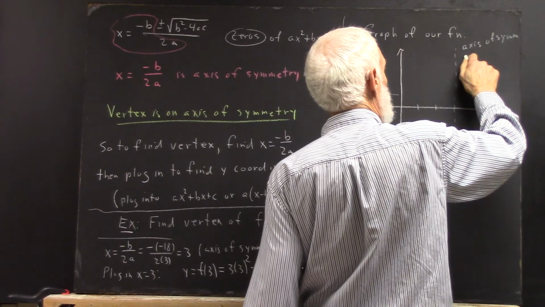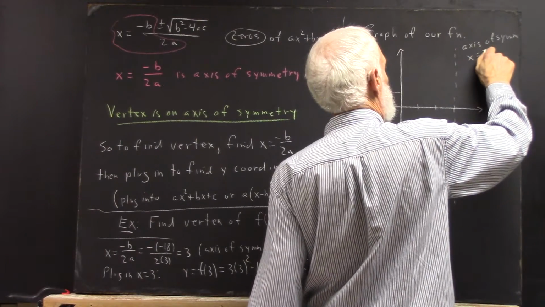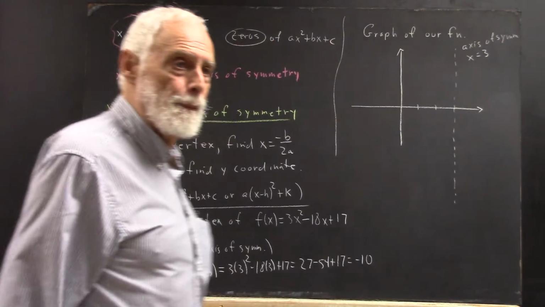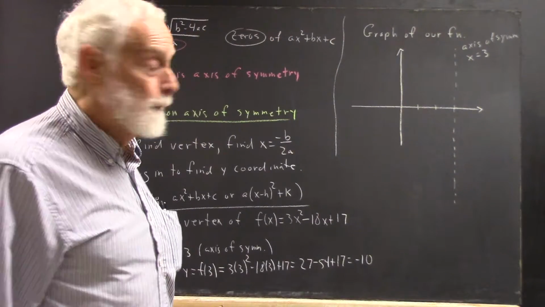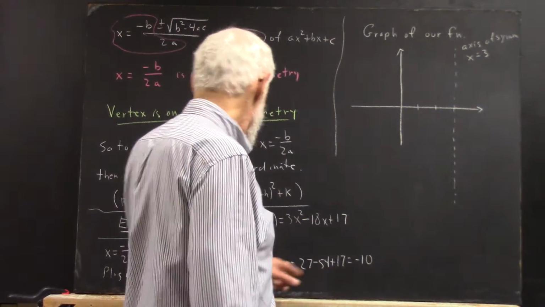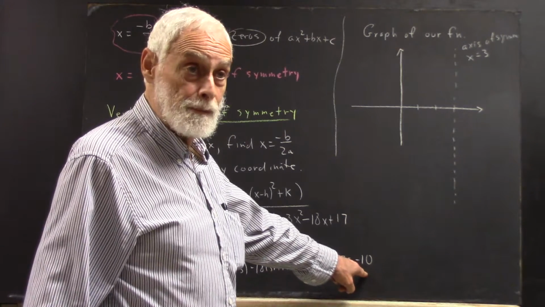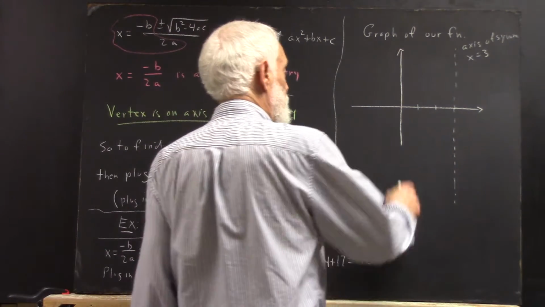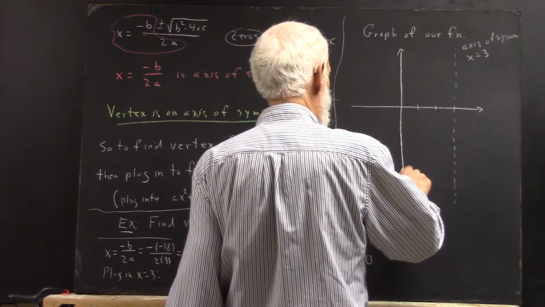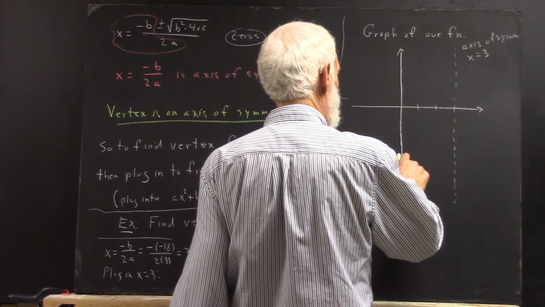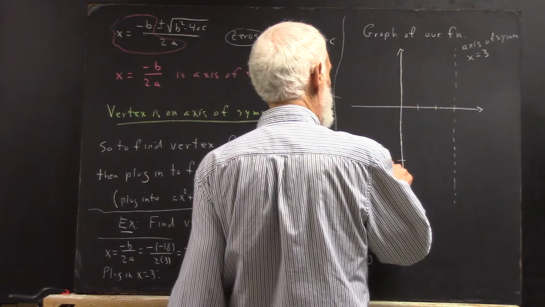Axis of symmetry is x equals 3. Okay? Vertex. Well, the y-coordinate is negative 10. Okay, so let's say negative 10 is here.